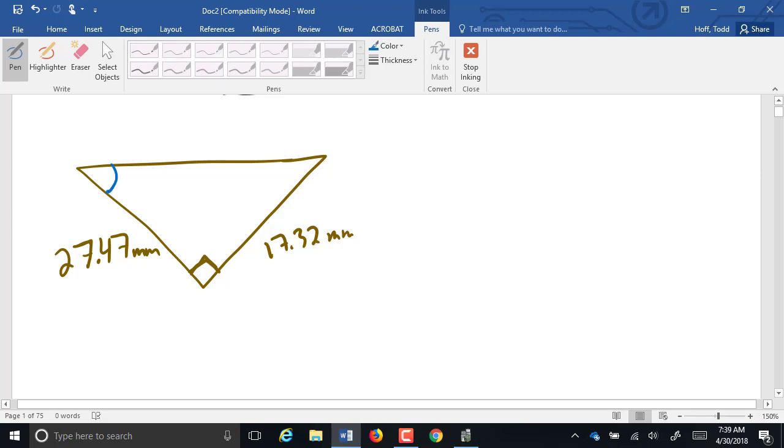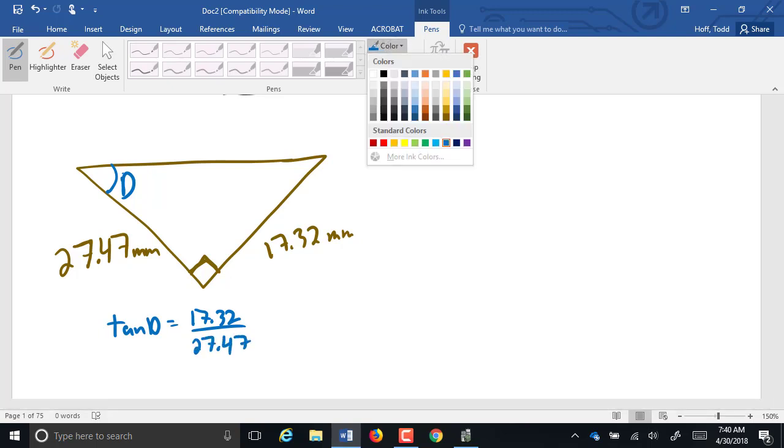Well, we don't necessarily need that length, we need some angles. So I'm going to look for this angle right here. I'll call that angle D, doesn't really matter. How would I find angle D? Tangent of D equals the opposite side, 17.32, over the adjacent side, 27.47.